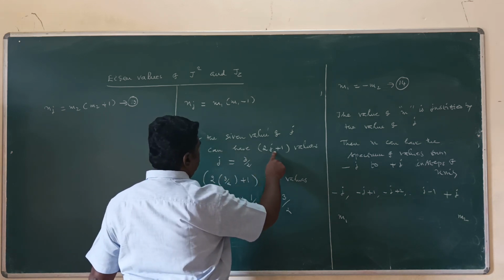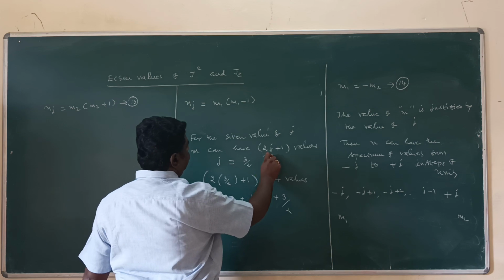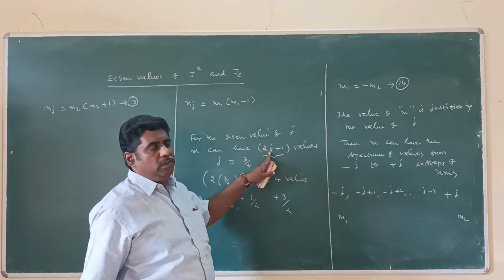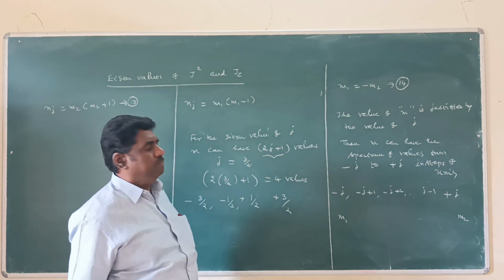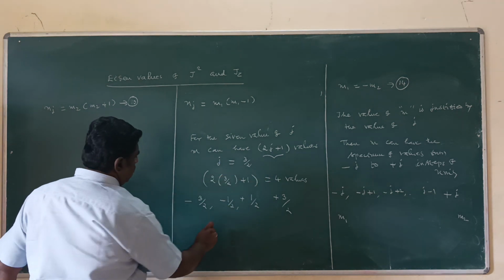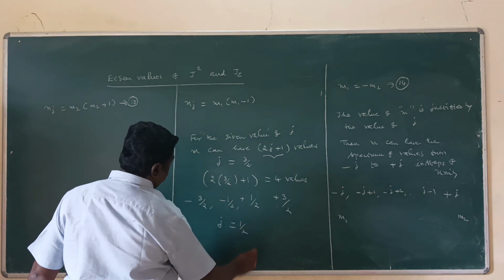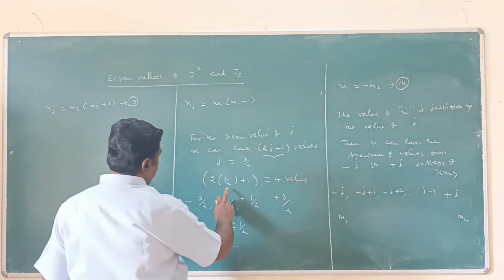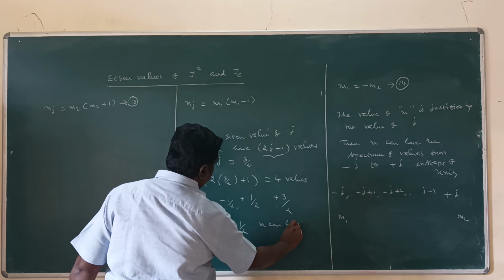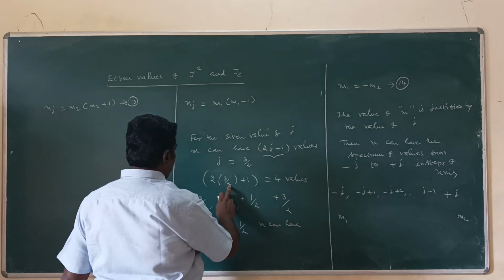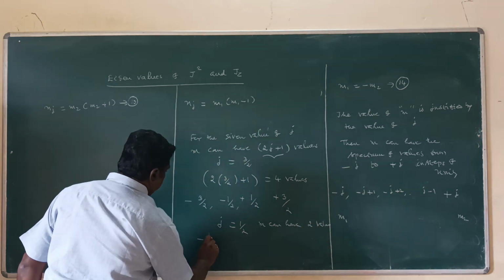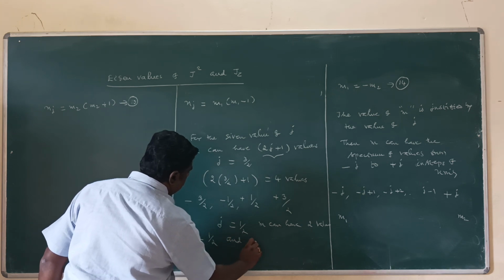M can have 2j plus 1 values. Here, this 2j plus 1 should be an integer. j may be an integer or half integer, but 2j should be an integer. So in this way we can realize, suppose the value of j equal to 1 by 2, m can have 2 values, minus 1 by 2 and plus 1 by 2.